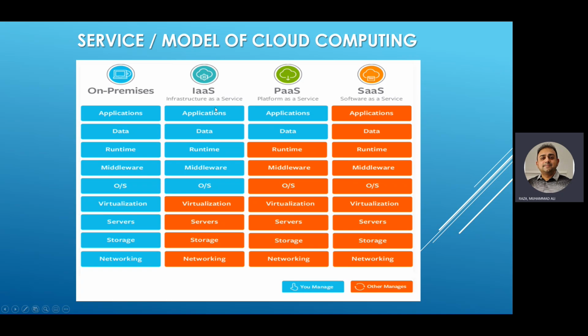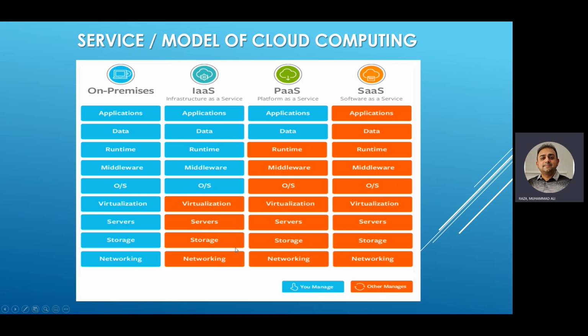However, in infrastructure as a service, you can easily see what we need to do. Basically, we need to carry our data, application, runtime, operating system, and middleware. These are the functions which we need to take care of. However, the physical stuff like the virtualization platform, servers, storage, and networking needs to be provided by the cloud service providers.